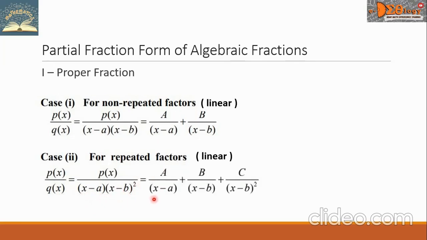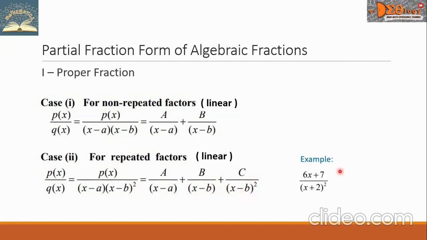The partial fraction form will be A over the first factor x minus a plus B over the second factor without the exponent, so x minus b is here, plus C over the square of x minus b.